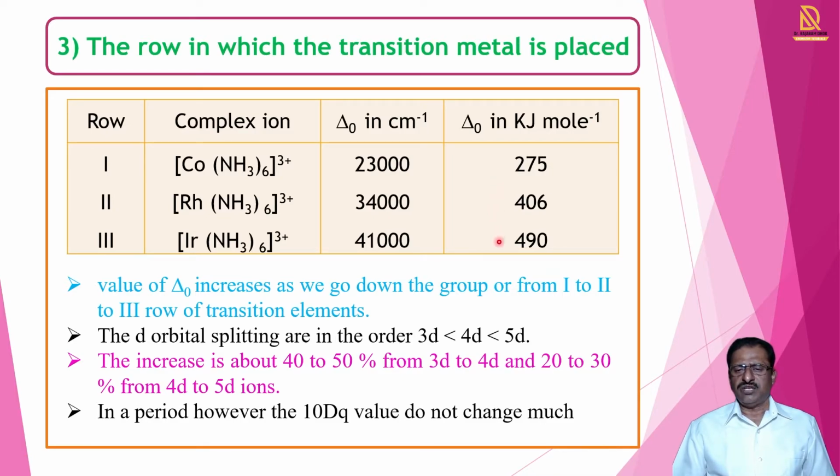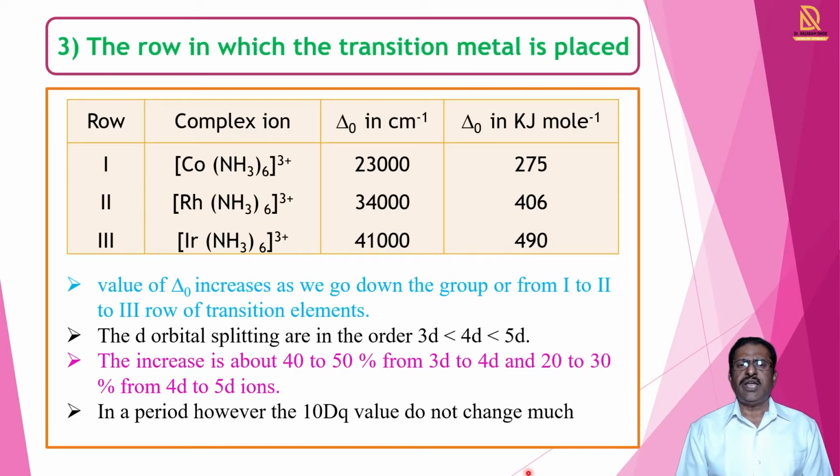Again, the third transition metal has values more than the second and the first. So here we can observe that values of delta O increase when we go from the first transition series to the second, and from the second to the third transition series.